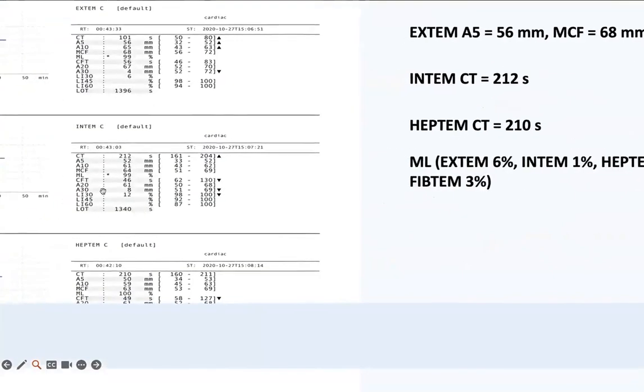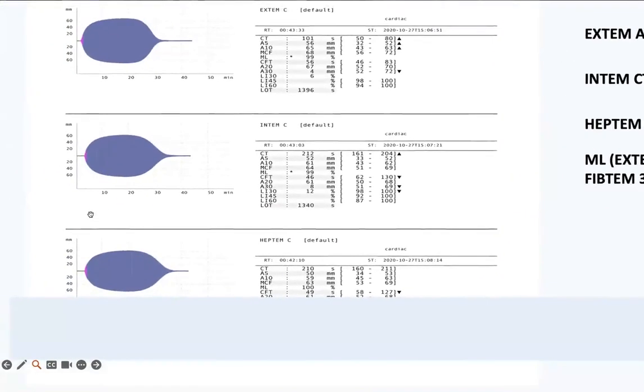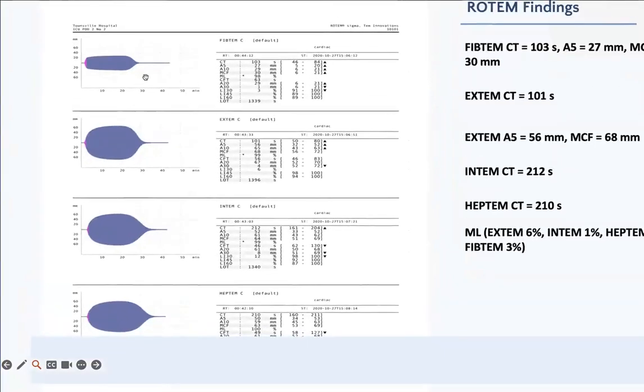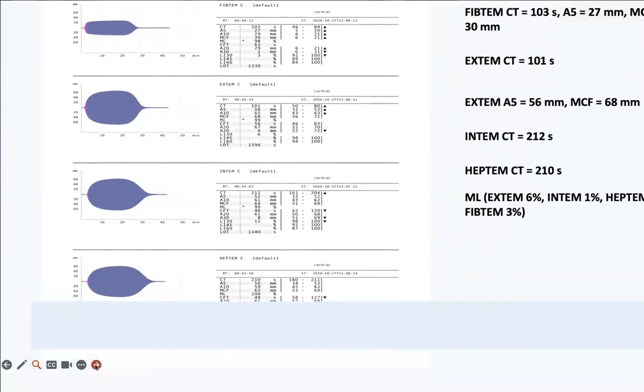So this is a ROTEM curve for early fibrinolysis happening. Or fibrinolysis you can say, rather than early fibrinolysis, because the clot lysis ML, maximum lysis, is 98, 99%. All right.